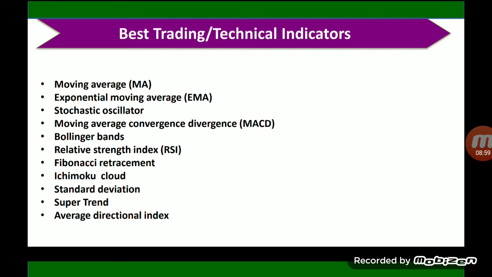First is moving averages, that is MA, exponential moving averages, EMA, then stochastic oscillator, moving average convergence and divergence, popularly known as MACD, Bollinger Bands, relative strength index, that is RSI, Fibonacci retracement, then Ichimoku cloud, standard deviation, super trend, and average directional index.